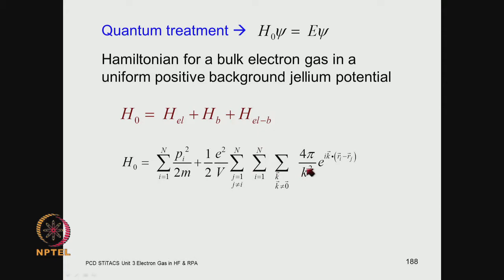So, this is now our complete expression for the Hamiltonian for the bulk electron gas in a uniform positive background Jellium potential.